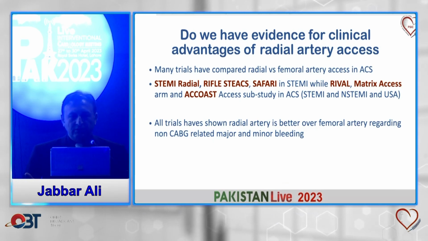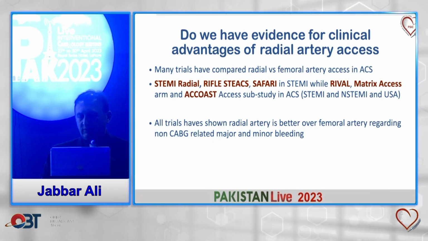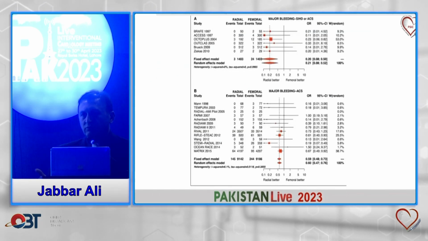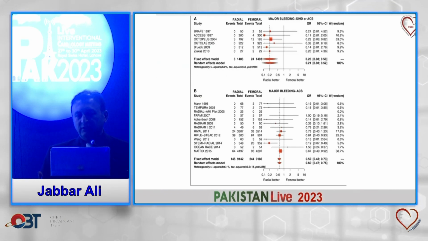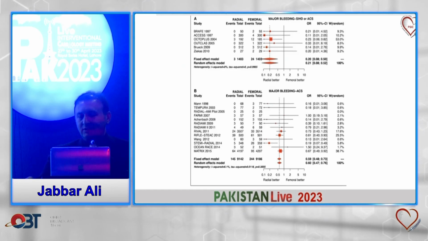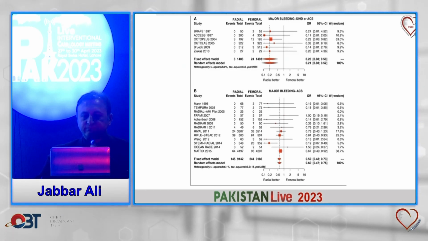And in RIFLE, STEACS, and SAFARI, there was some mortality benefit as well. This is the meta-analysis, both in acute and elective cases. We can see the radial artery is better over femoral regarding bleeding, both minor and major bleeding complications.